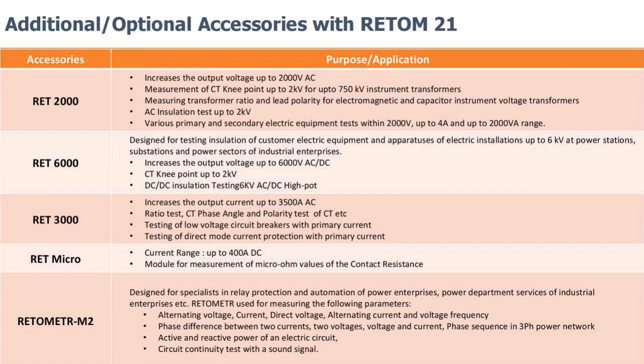Various primary and secondary electrical equipment tests can be done within 2 kV, up to 4 ampere and 2000 VA capacity range.